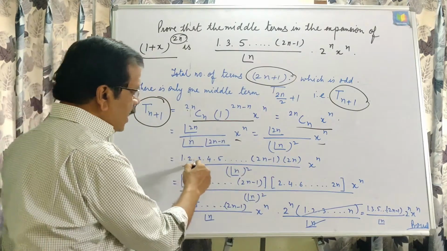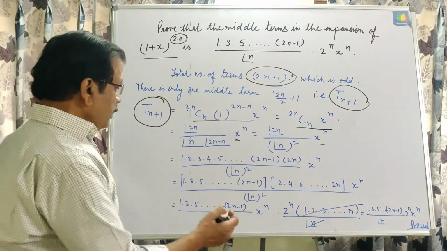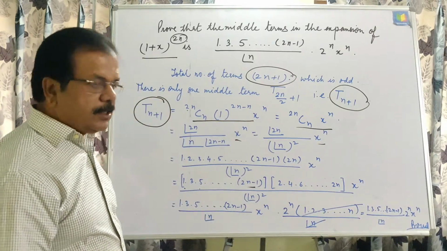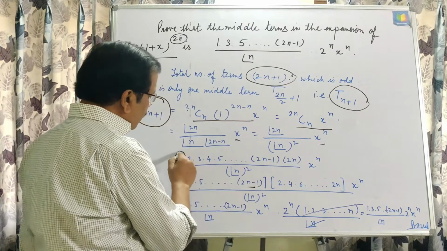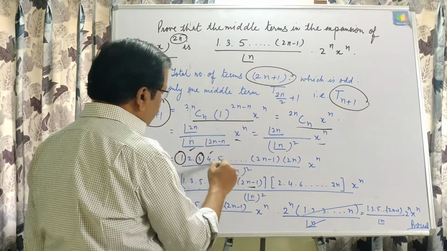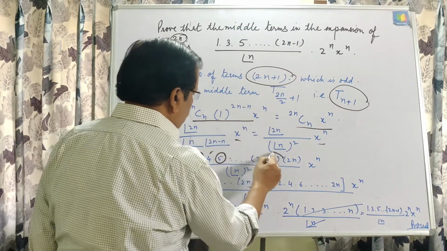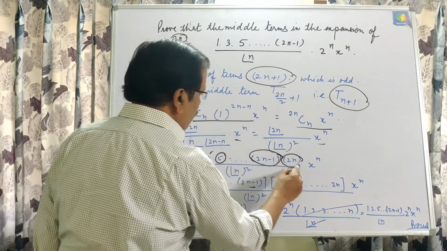And now this can be separated into two parts, that is 1, 3, 5 up to (2n−1), the odd terms, and 2, 4, 6 up to 2n, the even terms, because once we take 1, we leave 2, take 3, leave 4, take 5, leave 6, and in this way 2n−1 will be for odd and 2n will be for even.